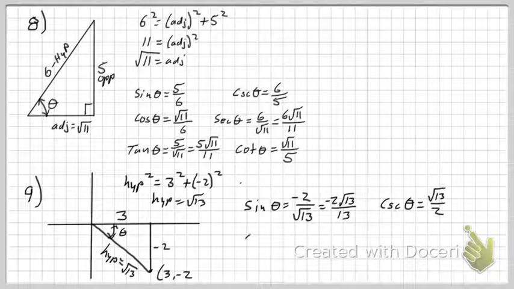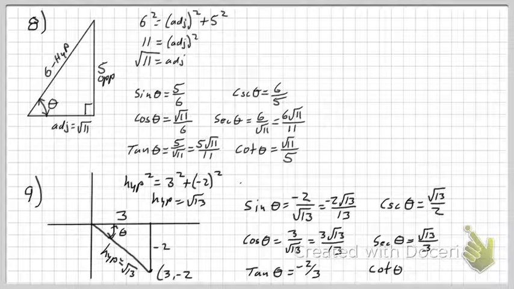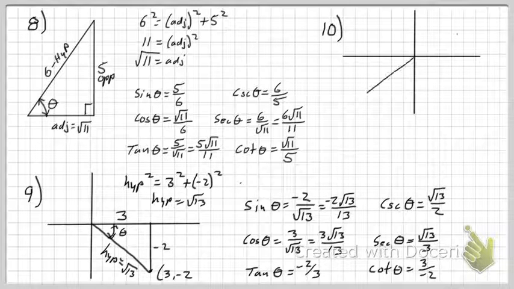Still have to use Pythagorean, in this case, to find out the hypotenuse. And once you know all 6 sides, then this becomes really, really easy, as long as you remember SOHCAHTOA. And then you can take each one of these and flip them.